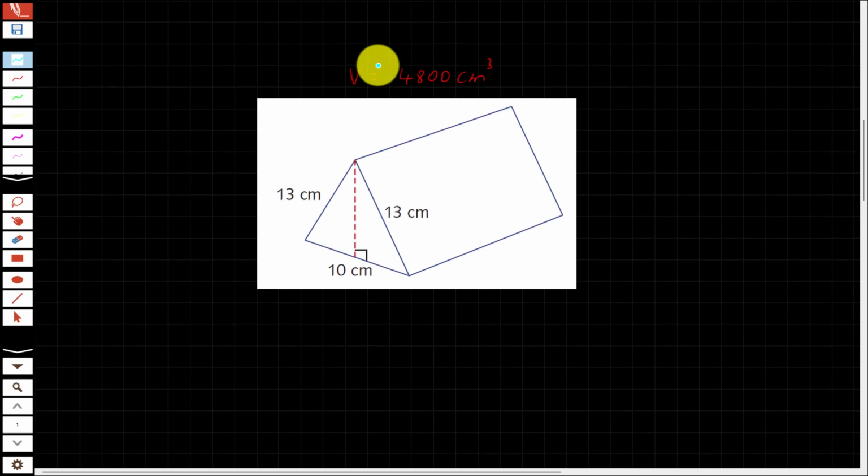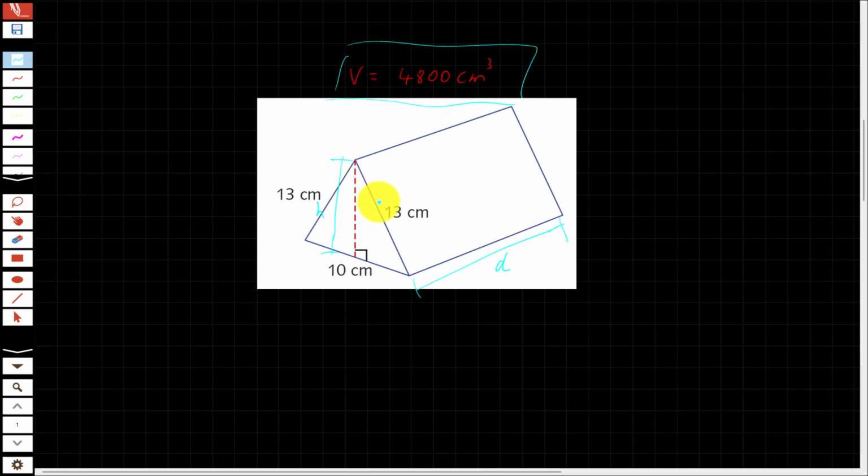Next, we're going to calculate parameters on this particular shape. We're going to calculate the distance from here to here, and we're also going to calculate the height of the triangle. We're given the volume of this shape here, so we can use our formulas to go sort of backwards and calculate these measurements. So let's call this H and let's call this D for depth.